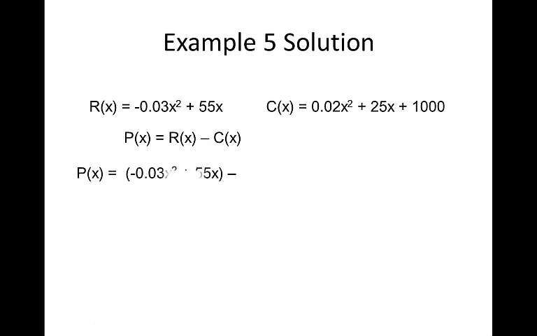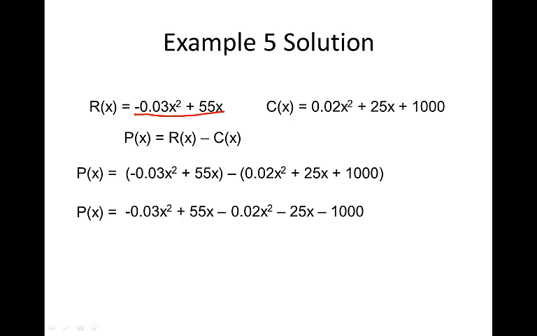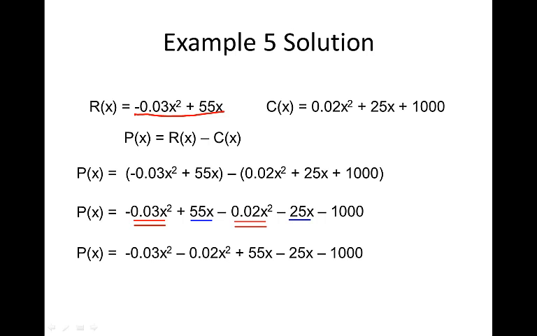So profit is revenue. I just substituted my revenue equation in for revenue, and minus the cost equation. Distribute through. Collect some like terms, and definitely use your calculator for that if you need it. So my profit is negative 0.03 x squared minus 0.02.